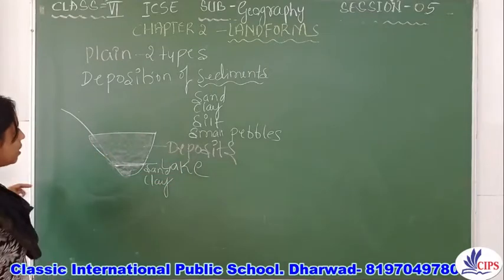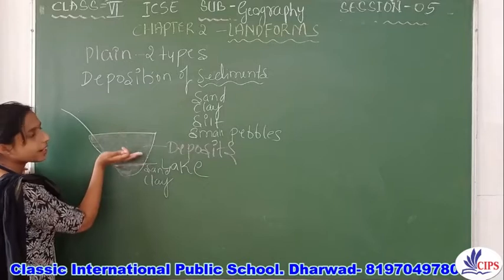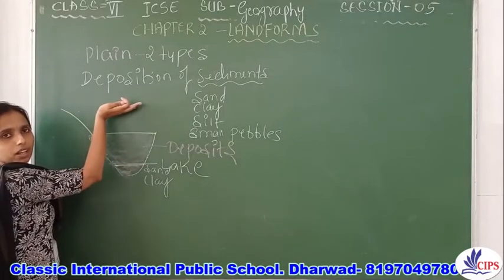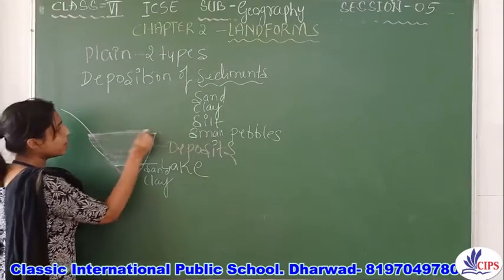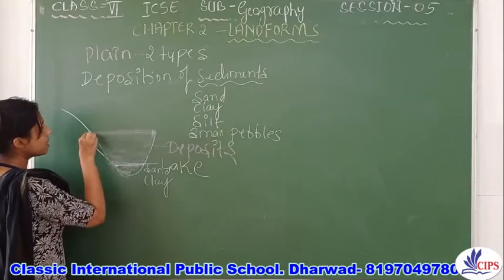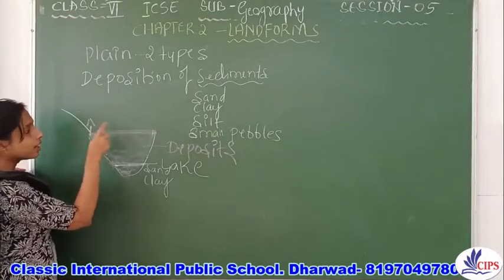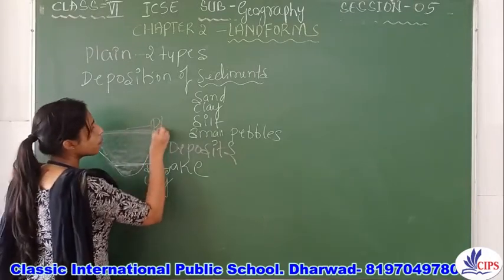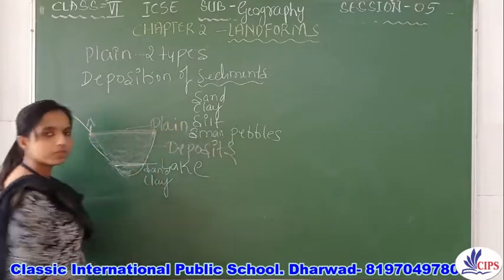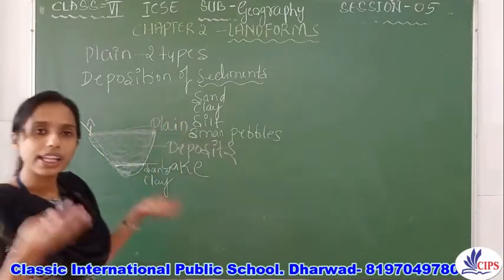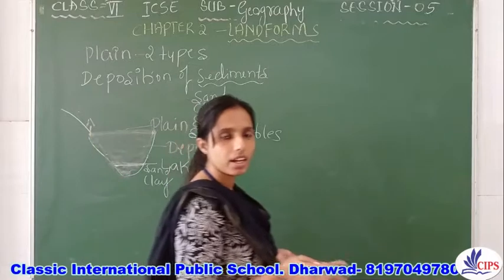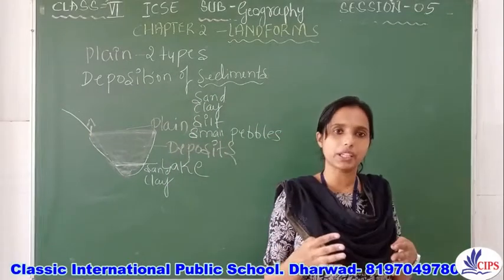Because of this, the riverbed gets raised up and the area becomes a plain area. This is how a lake gets converted into a depositional plain.